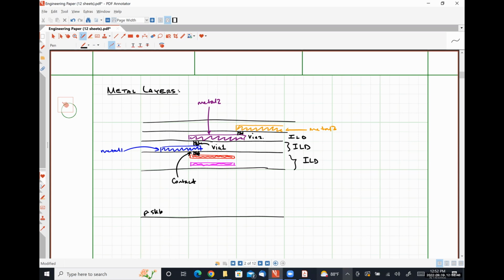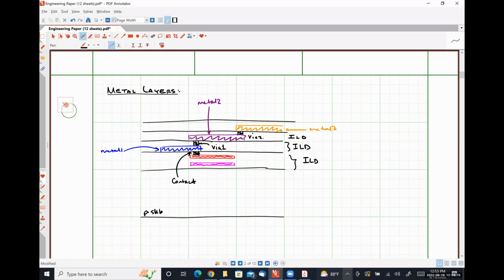It provides contact from metal layer 2 to metal layer 3. So when we're going from metal 1 down, we're dealing with contacts. When we're going from metal 1 up, we are dealing with vias. One thing that is actually pretty important though is that you cannot go from metal 1 directly to metal 3. You have to hit an intermediate metal 2 layer to go up higher, okay?